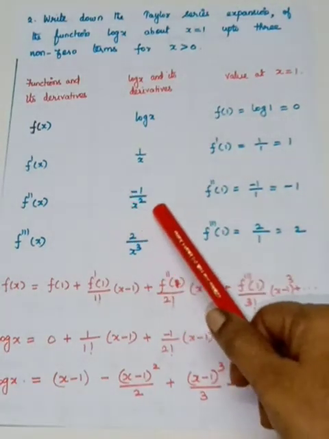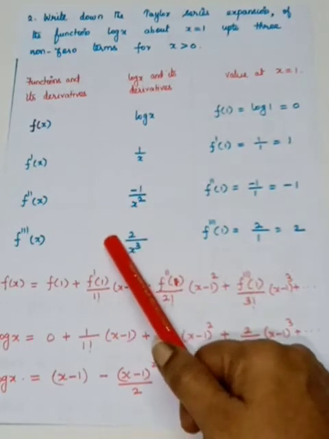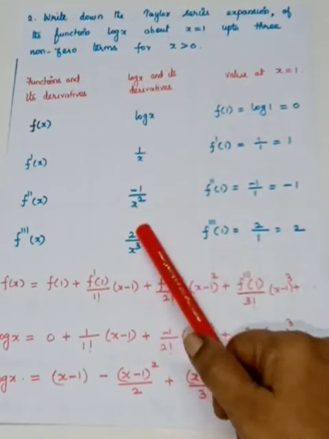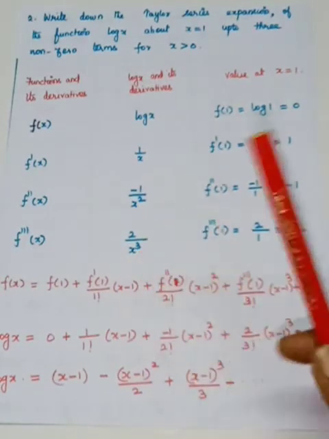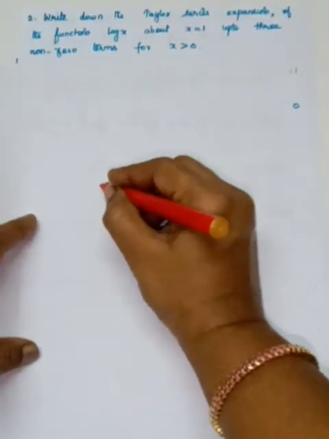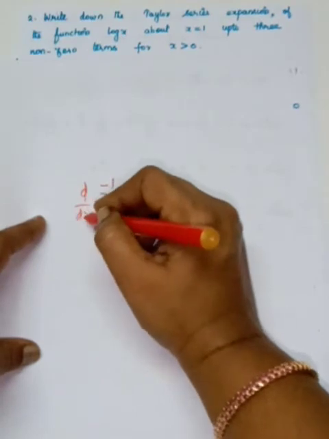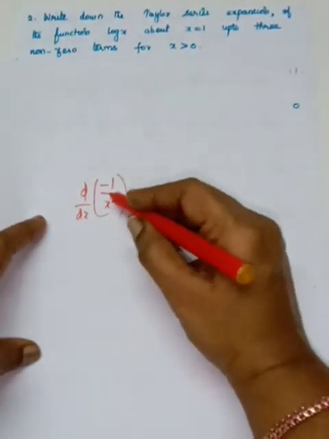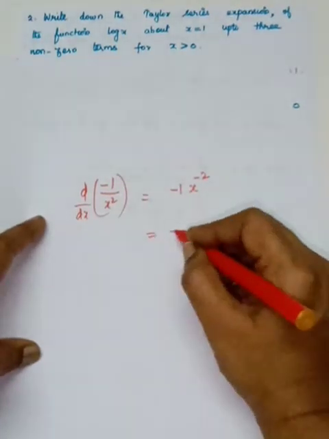So next step what you have to do, you have to change the sign. So negative will become positive. And the power is 2. 2 into 1 is 2. And the denominator power has to be raised by 1. So that is x cube. Otherwise, you can go for minus 1 by x squared. You want to differentiate. So the method is, it is minus 1. This x squared will come to the numerator as x power minus 2. So it is minus 1 is there.